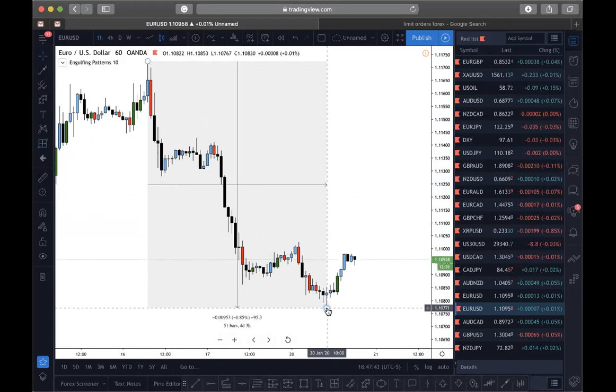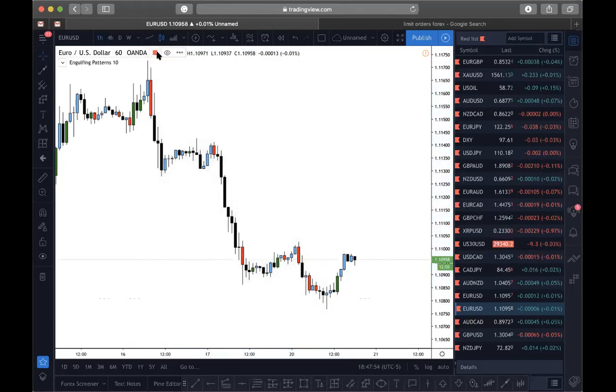So in 4 days, the market moved down 91 pips. If you had placed a trade up here for $1, in 4 days you would probably make $91. So anyways, this is the 1 hour chart.